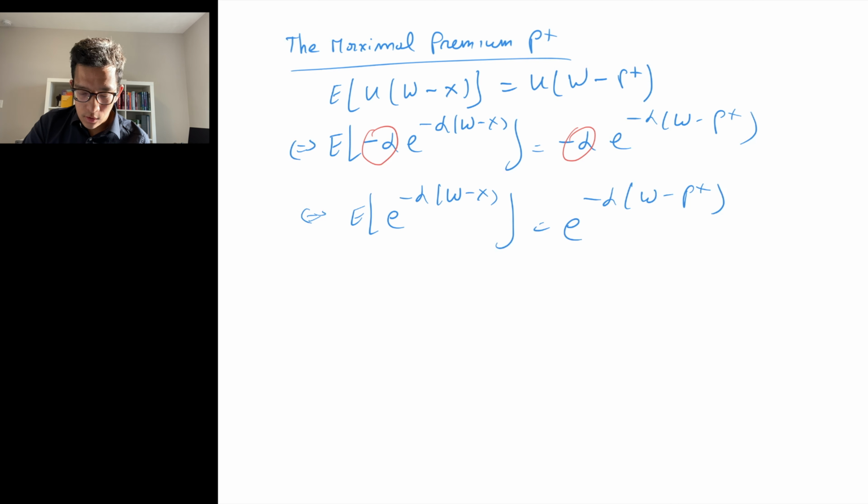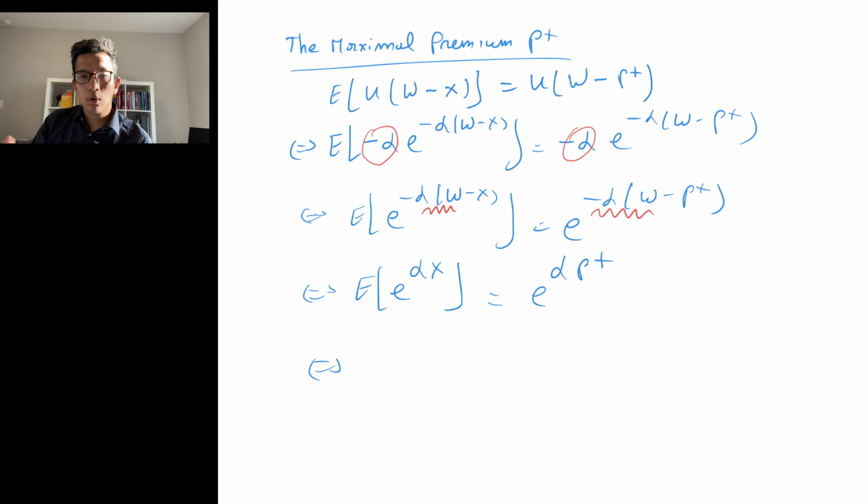And then you see that this term e to the power minus alpha W cancels with this part here. So what you end up with is here e to the power alpha X, and on the other side you have e to the power alpha P plus.